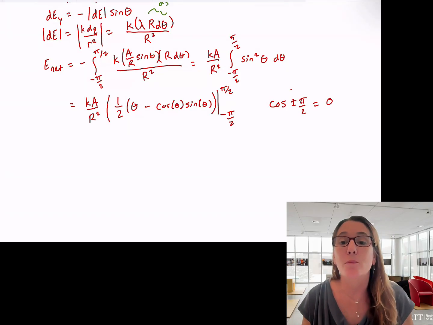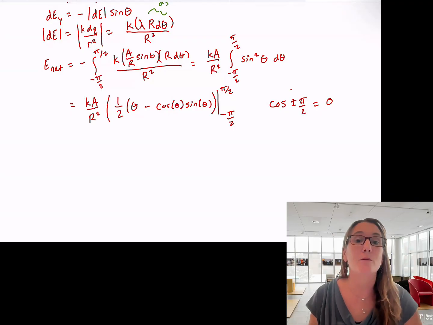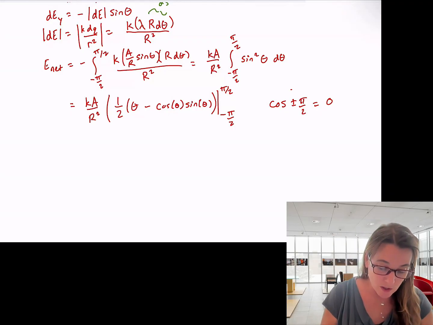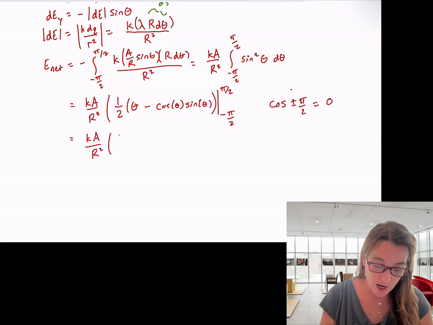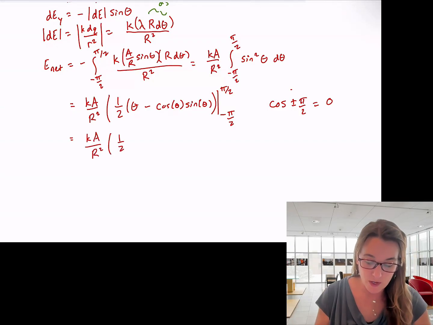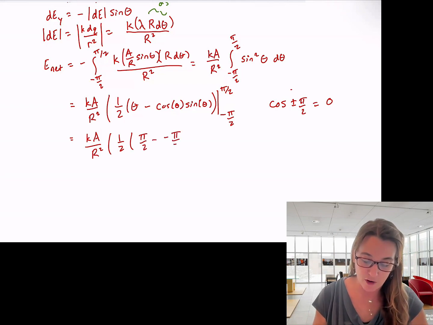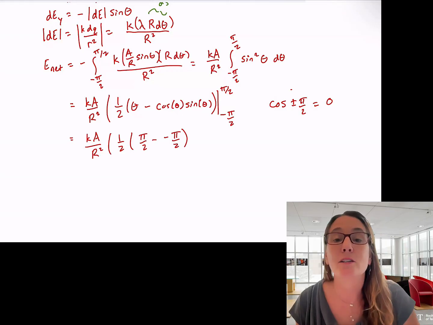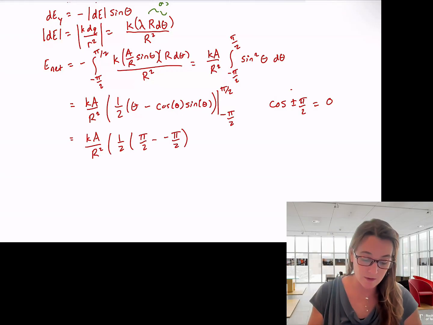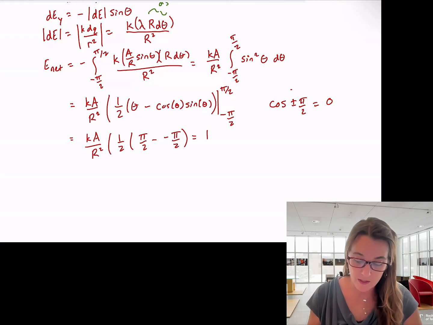And so we end up then with a pretty simple result, which is just going to be that we get Ka over R squared times 1/2, and then we get pi over 2, and then minus 0, and then minus a negative pi over 2. So this inside just becomes pi. We still have that factor of 1/2, and this ends up being Ka pi over 2R squared.